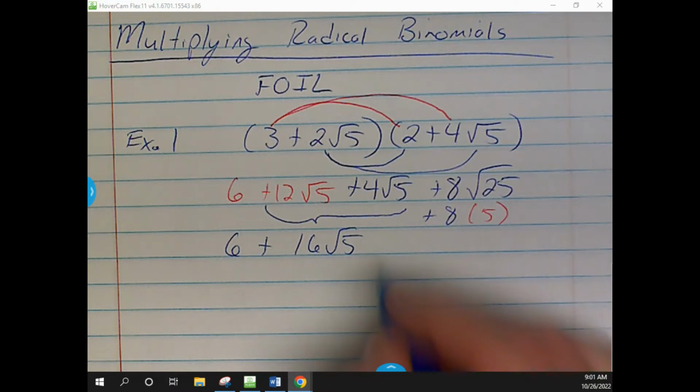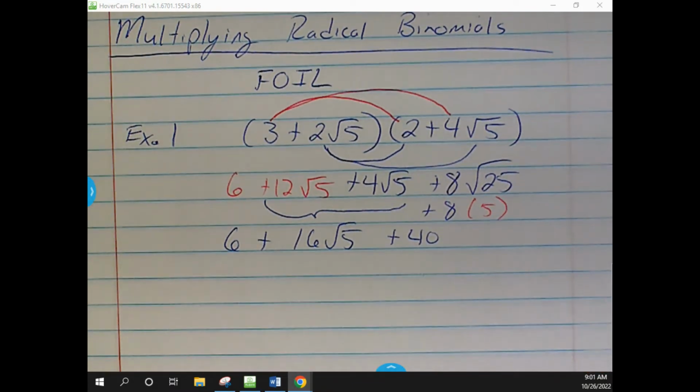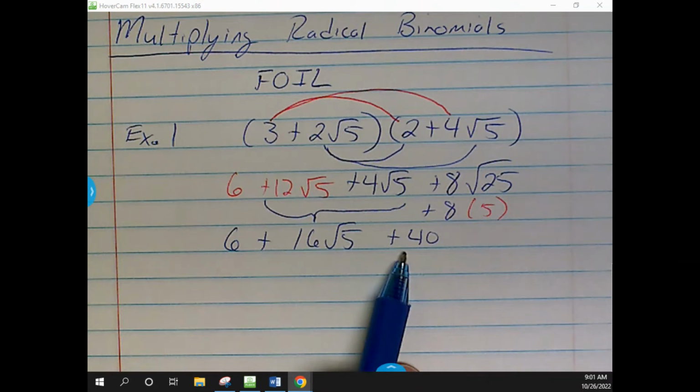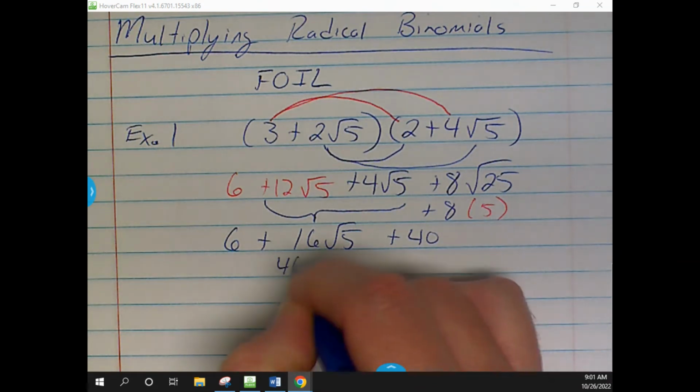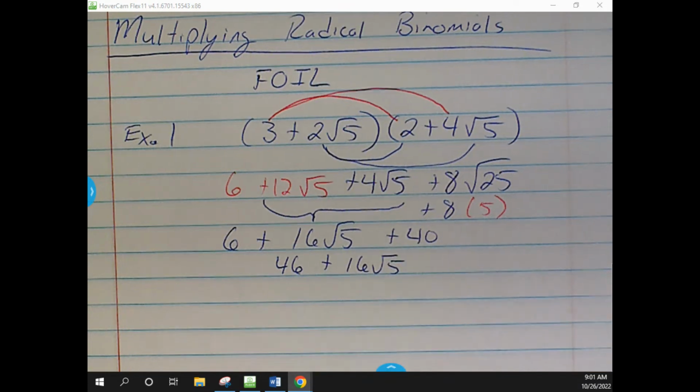So 8 times 5 is 40. Which means we've got 6 plus 40, so that would be 46, and then 16 square root of 5.